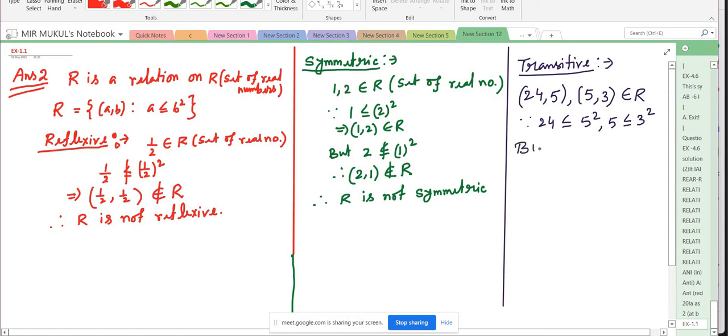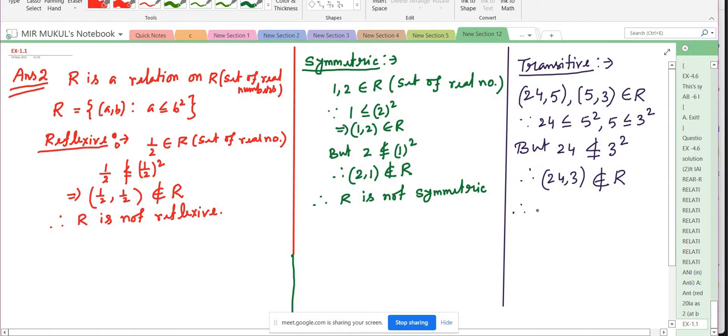But 24 is not less than or equal to 3 square. Therefore, (24, 3) does not belong to R. But the condition was: if (a, b) and (b, c) belong to R, then (a, c) should belong to R. Here we are not getting that.